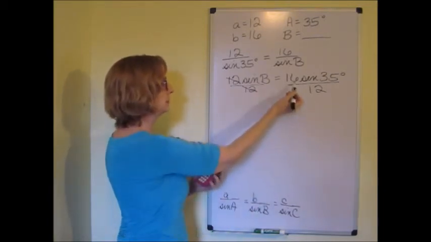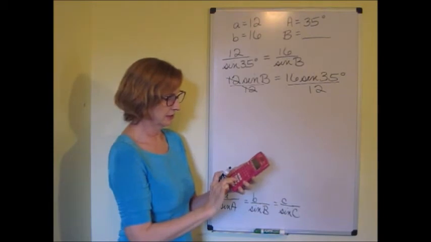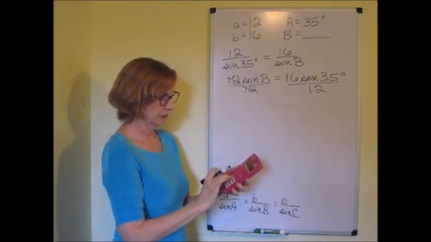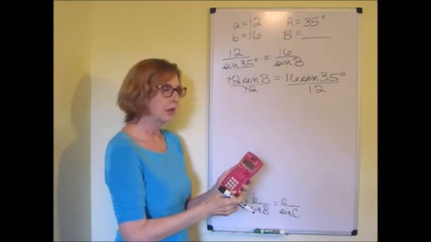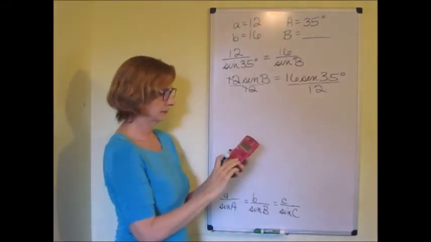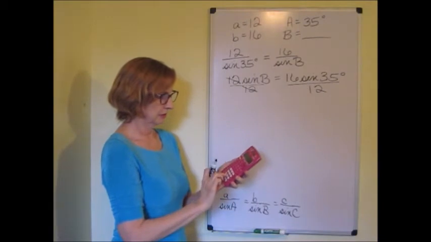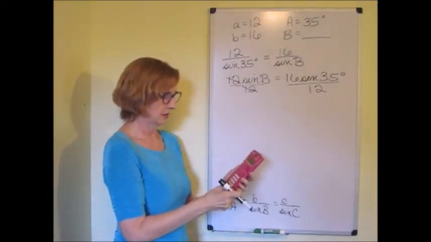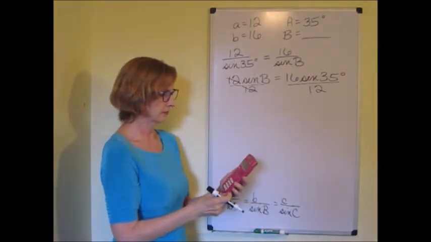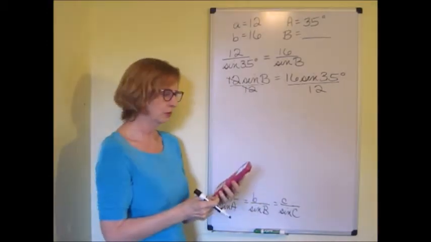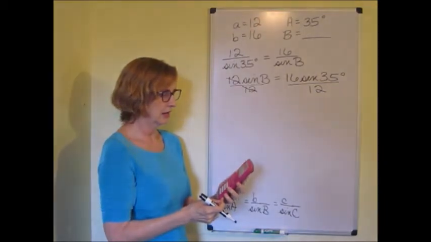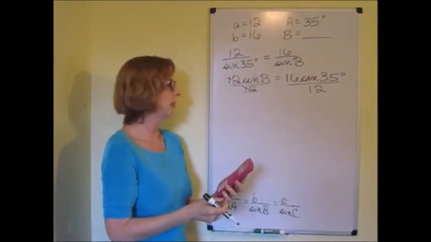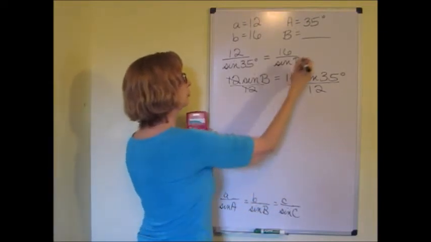In that parentheses I'm going to put 16 sine of 35 into your parentheses on that angle, and then divided by 12, and remember to end the parentheses on that whole quantity, and then hit enter. I'm going to round this to the nearest degree. I've got 49.886, so about 50 degrees for angle B.